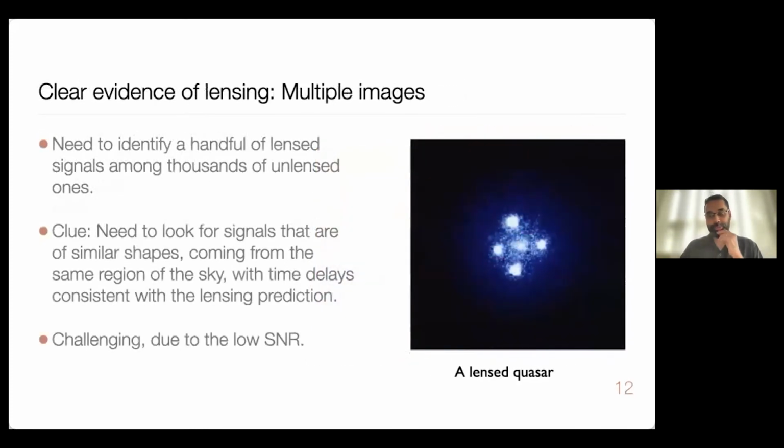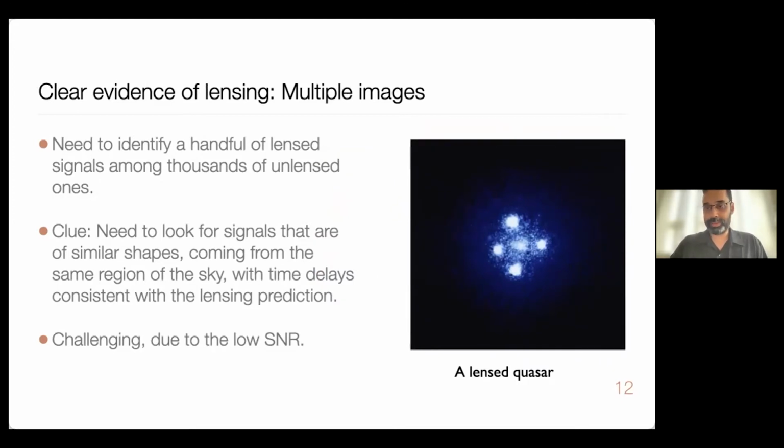One telltale signature of lensing is the production of multiple images. In that sense, that is the real smoking gun evidence of lensing, whether this claim is true or not. So there is a lot of effort going into identifying such strongly lensed signals, and this effort is complicated by the fact that most of our events, if not all, have very modest signal-to-noise ratios.